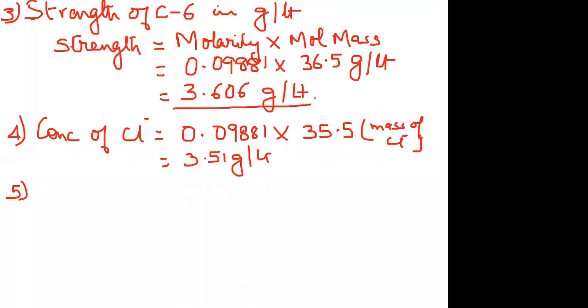Coming to question number 5, it is asking to find the number of chloride ions. To find the number of chloride ions, we need the mole concept and we need to use Avogadro's number also. Since the number of chloride ions we have to find out, we can first convert this into moles.